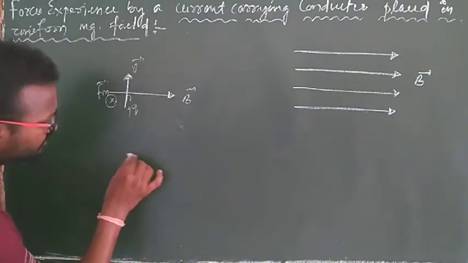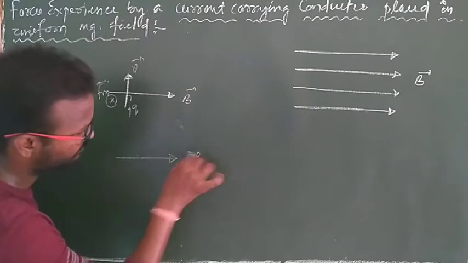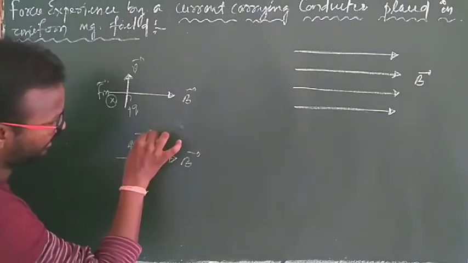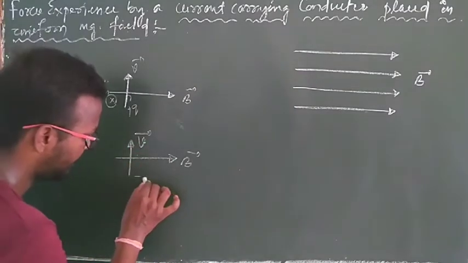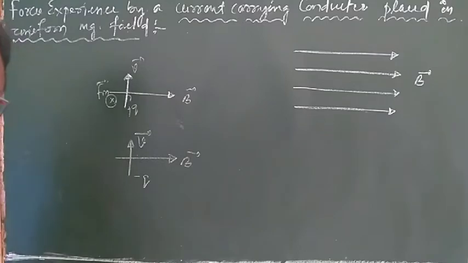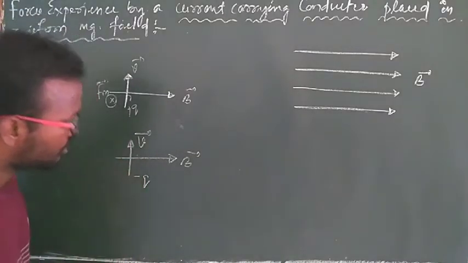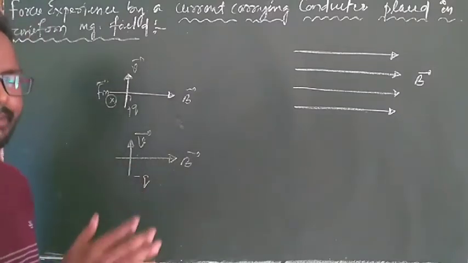Clear? Second thing, if this is the direction of magnetic field B and a charged particle moves inside the uniform magnetic field with velocity v, and this charged particle is negative, what is the direction of the magnetic force? Now we have to use Fleming's left hand rule or the right hand palm rule.